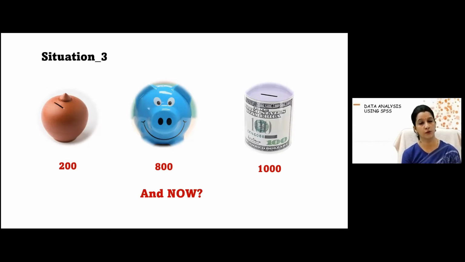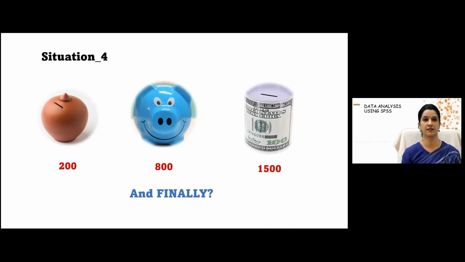Here also you will find an overall significance, and when you analyze which pair this significance is coming from, you will see that it is due to 1 and 2 and 1 and 3, because between 2 and 3 the difference is 200, which is less than 500. That's why it is not significant.